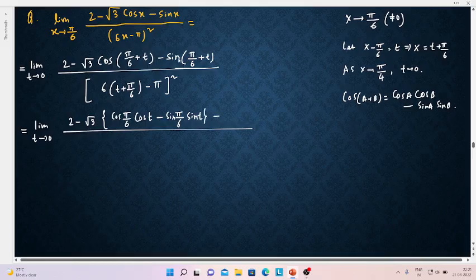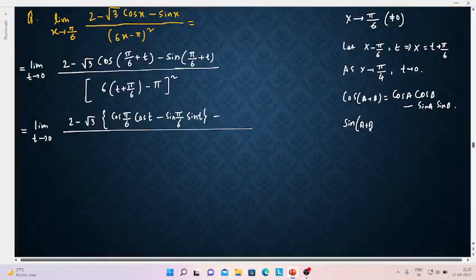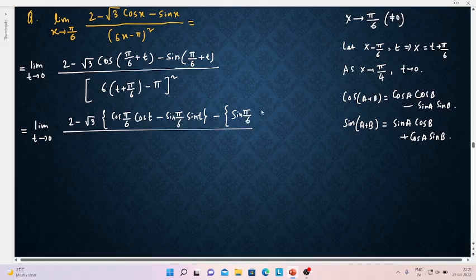Similarly, we know the value of sin(a plus b). It is nothing but sin a cos b plus cos a sin b. So sin of pi by 6 plus t can be written as sin pi by 6 cos t plus cos pi by 6 sin t.